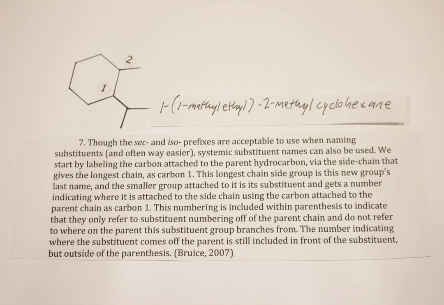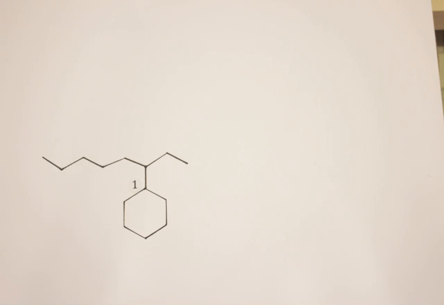Now let's name this alkane. We see here that the ring has 6 carbons in it, while the straight chain here has 8 carbons. So now the cyclic part of the molecule becomes a substituent. So 1, 2, 3, 4, 5, 6, 7, 8 carbons, that gives us an octane.